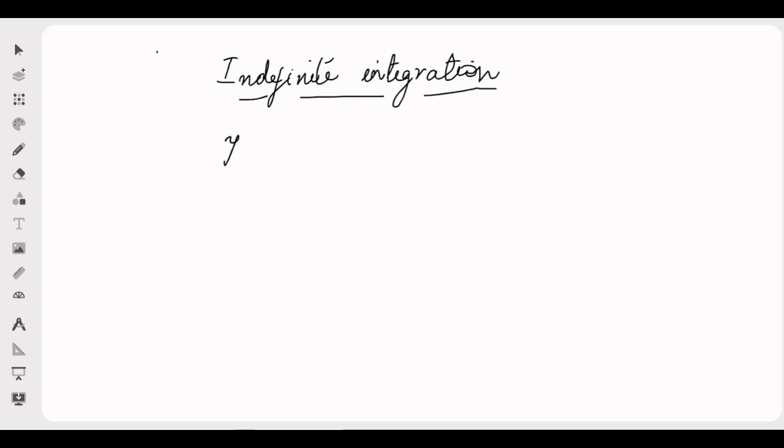Suppose y is equal to f(x) is a function. Now we know that the derivative of this function y is equal to f(x) is f dash x. And in indefinite integration, we find the function whose derivative is given to us.